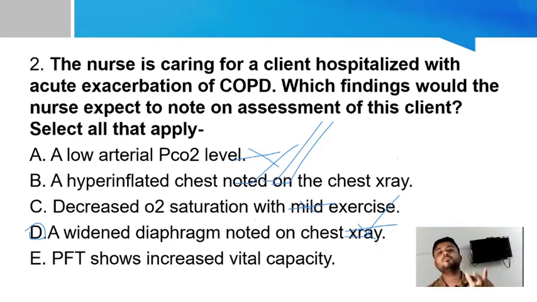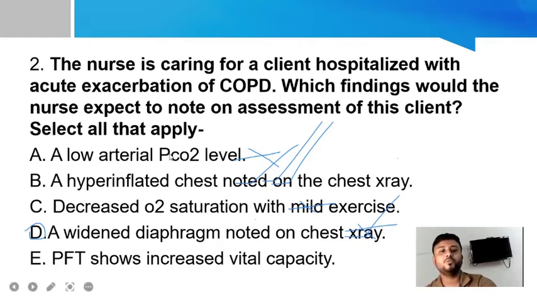So you need to remember two things here. The patient is having acute exacerbation of COPD, and second, you need to find out the exact findings during the assessment as a nurse.